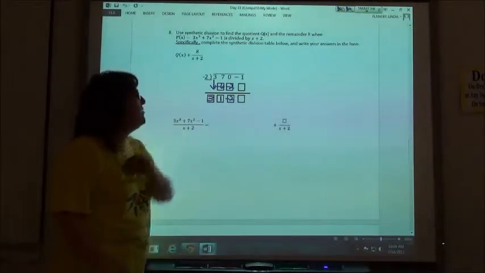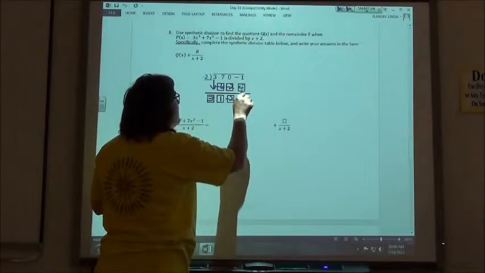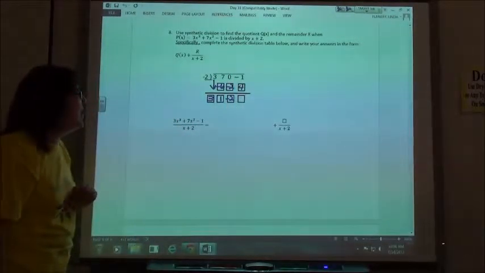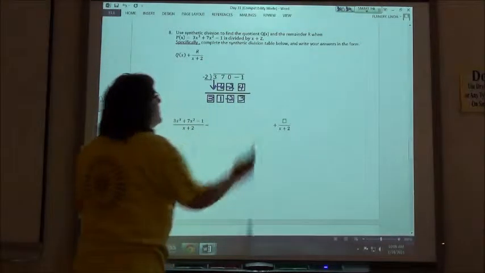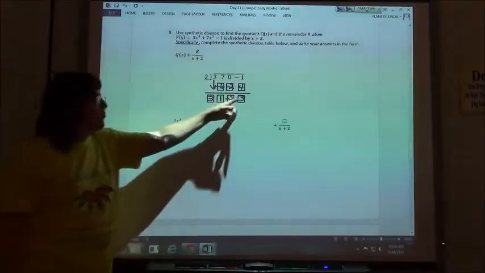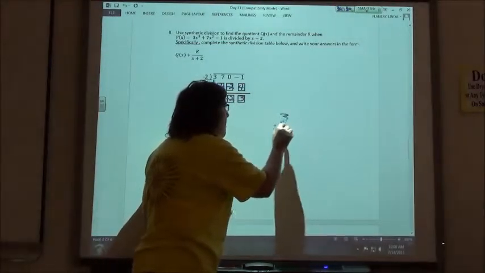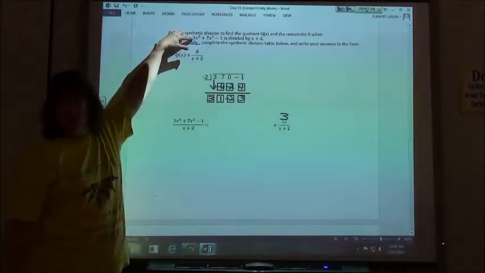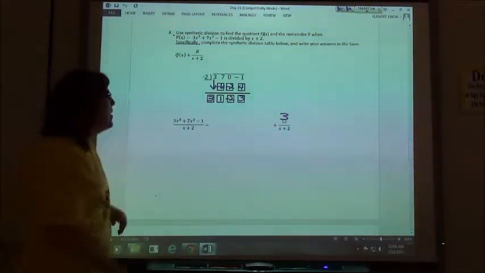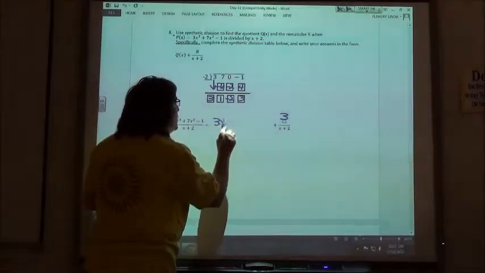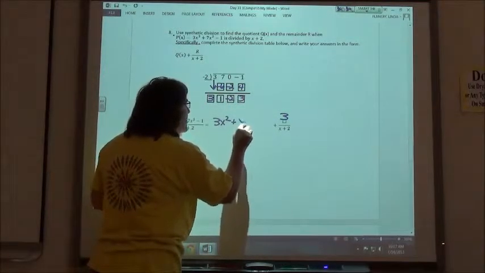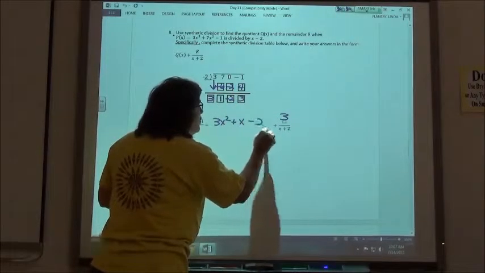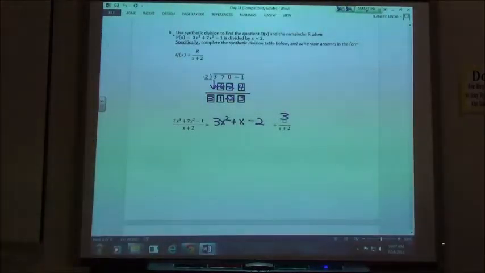Negative 2 times negative 2, positive 4. 4 plus the negative 1 above that, 3. So the 3 is your remainder. These are your coefficients, 1 degree less than the original one, which was a cube, so we get squared. So we're going to get 3x squared plus 1x to the first minus 2, with a remainder of 3.